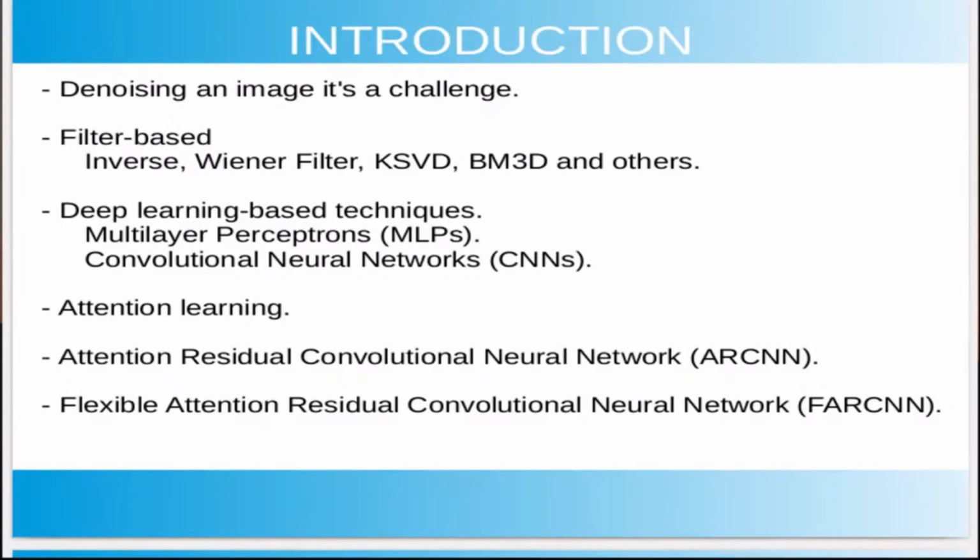The proposed methods try to learn the underlying noise expectation using an attention residual mechanism. Experiments on public datasets corrupted by different levels of Gaussian and Poisson noise support the effectiveness of the proposed approach against some state-of-the-art image denoising methods.